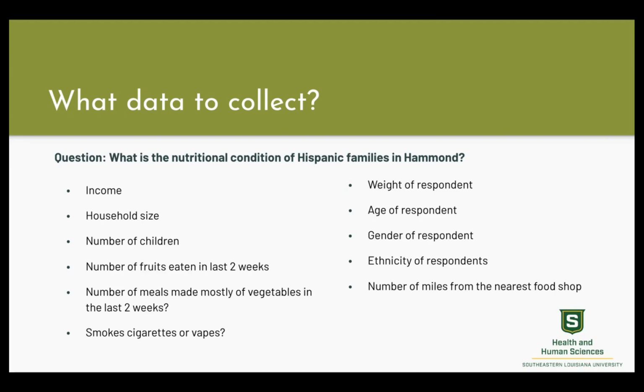Questions like whether you smoke cigarettes or vapes are going to be a yes or no, or don't want to answer. Weight is either going to be numerical, in which you're asking for their precise weight, or you could be asking based on a range, maybe 100 to 200 pounds, 200 pounds to 250.